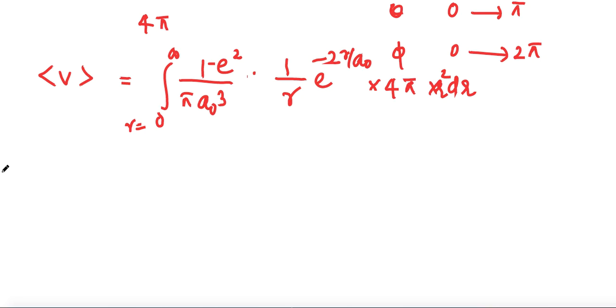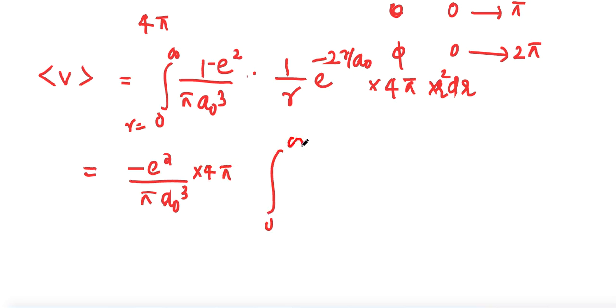Let's simplify this. We can take the constants outside. We will get minus e square by pi a0 cube into 4 pi, integral 0 to infinity.